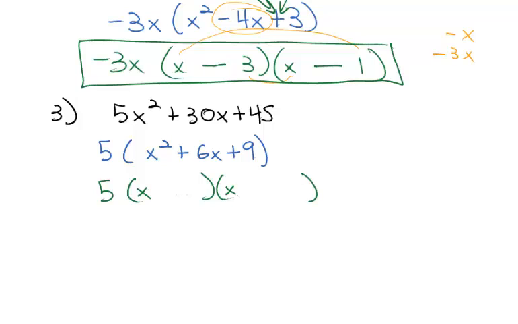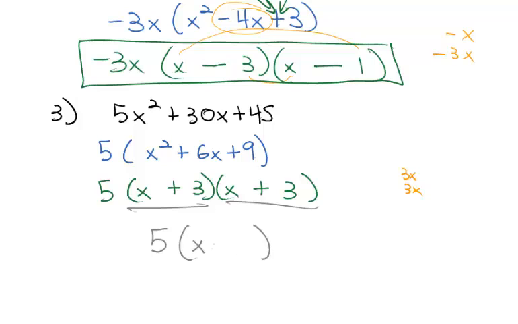X squared is probably x times x. 9 is probably 3 times 3. And if we check on the outside, there's 3x. On the inside, there's 3x. And if they're both positive, that'll give us 6x in the middle. And just by way of cleaning this up, you might notice both factors are exactly the same. Because they're the same, we're going to continue to factor them to 5 times x plus 3 squared for our final solution.